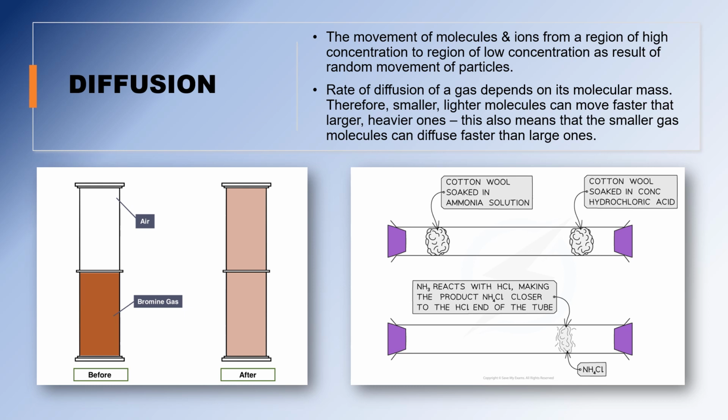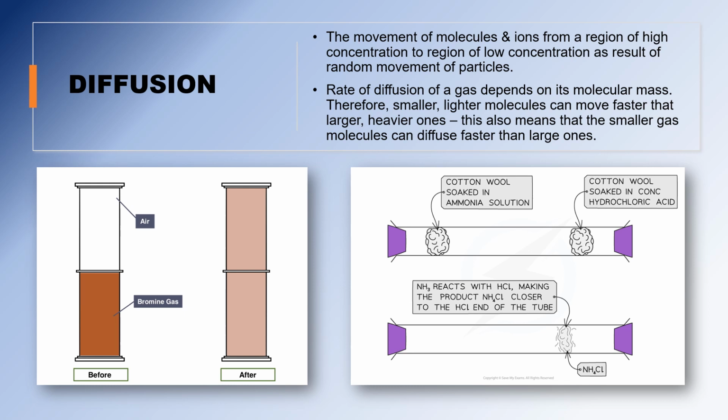So small, lighter gas molecules can move faster and hence diffuse faster than larger, heavier gas molecules. An experiment to prove this point is the reaction between gaseous ammonia and hydrogen chloride gas. This will form solid ammonium chloride.